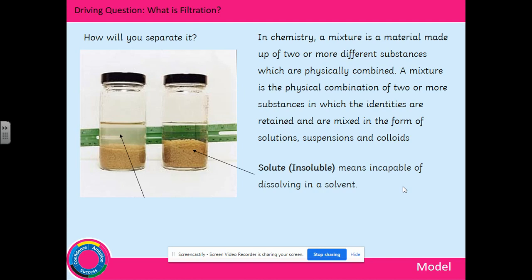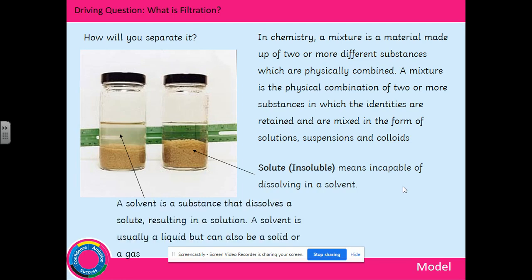Now, the liquid. What's the scientific name given to the liquid? It is called a solvent. A solvent is a substance that dissolves a solute, resulting in a solution. A solvent is usually a liquid, but can also be solid or a gas. All right.